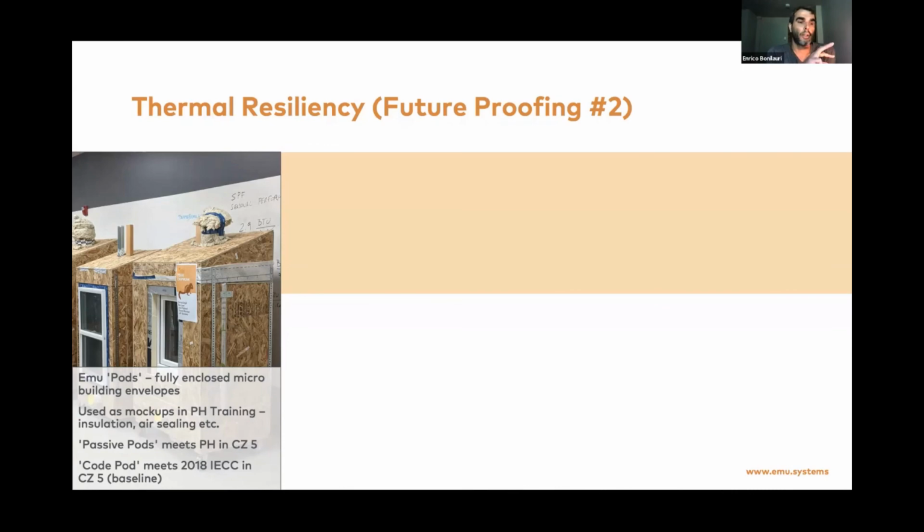The passive pods are built to meet passive house in climate zone 5, and we have one baseline code pod that is meeting the 2018 code, also for climate zone 5. And we teach builders and professionals to install insulation, air seal, install windows, and all things like that to deliver the quality of construction that is required for passive house.